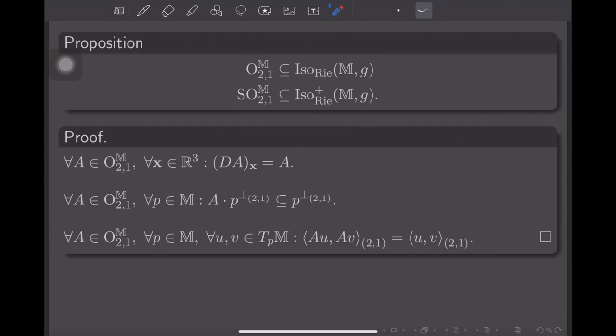And somehow the proof is not so hard, except that I'm not going to go into the technical details of what it means to preserve orientation. When speaking about what it means to preserve orientation, I'm really just going to wave hands. I'm not going to be very formal, kind of just for time's sake.